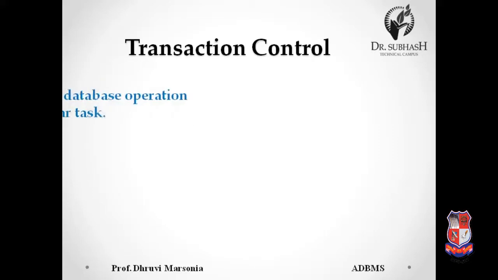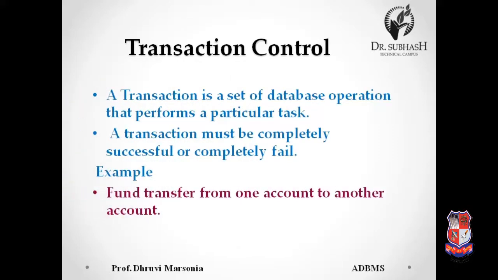First one is transaction control. First of all, what do you mean by transaction? The definition of a transaction is a set of database operations that perform a particular task. For example, transferring money from one account to another account is one kind of transaction.